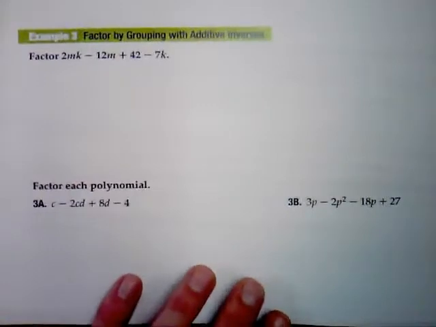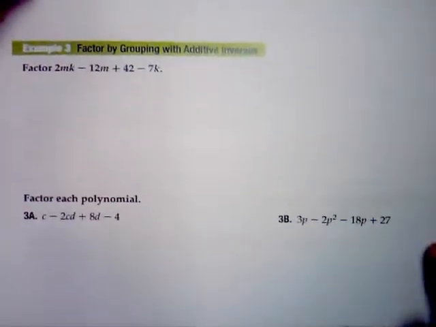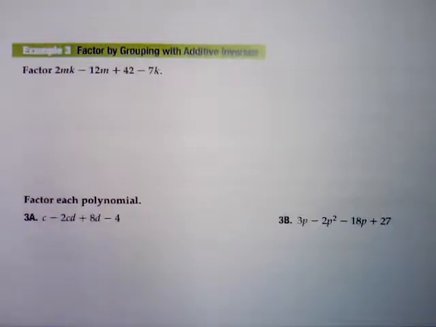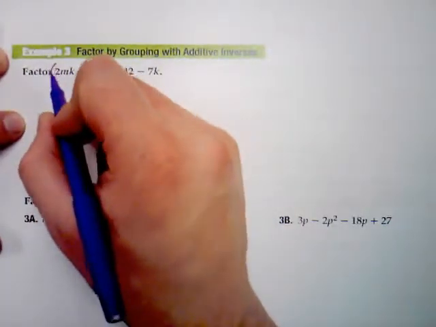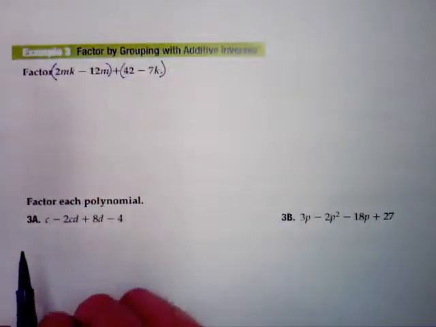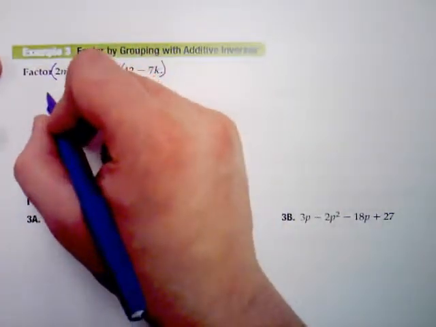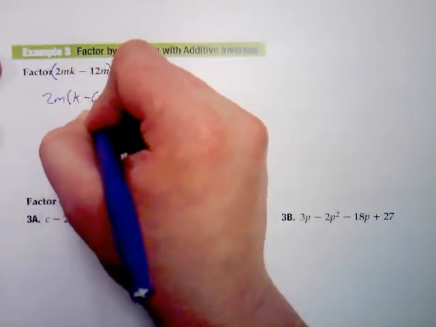Now, a special case or something a bit strange that can happen when we try to factor by grouping are these next examples. So let's take a look at those. So I group the first 2 and the second 2 just like I have already. I factor out my greatest common factor of 2m, and I'm left with k minus 6.